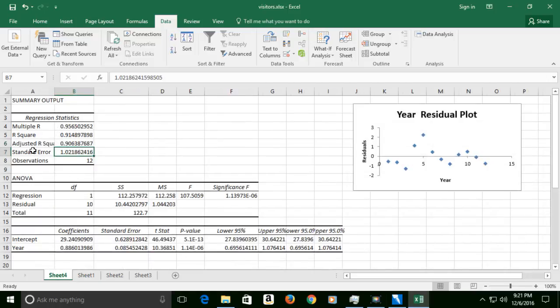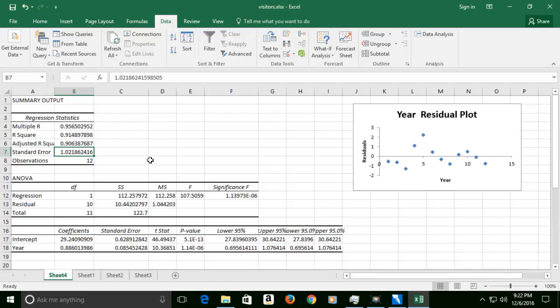So when this says the standard error is 1.02, that means the average error in this regression equation is 1,021,862 visitors. It's off by 1 million visitors a year. Good or bad? I'd say not really that exciting, right? If we're going to get our number wrong by 1 million people, that's a lot of people.